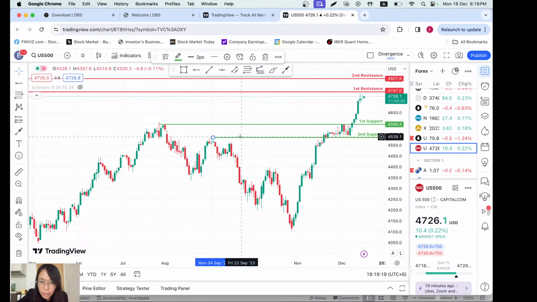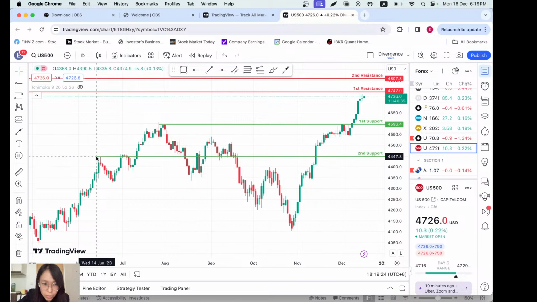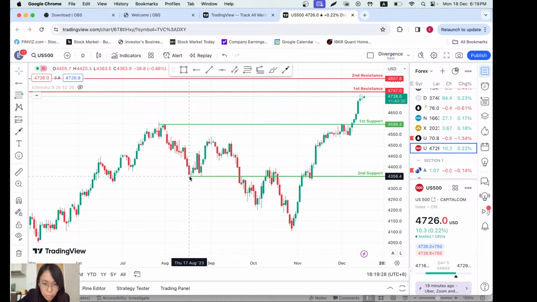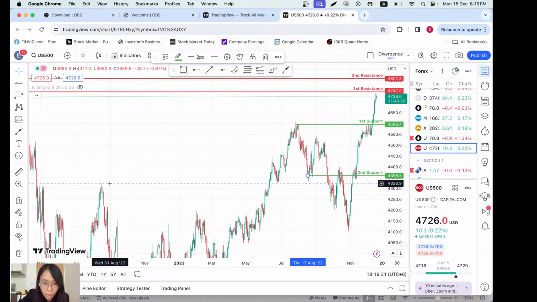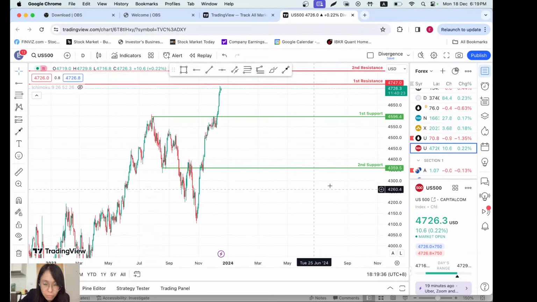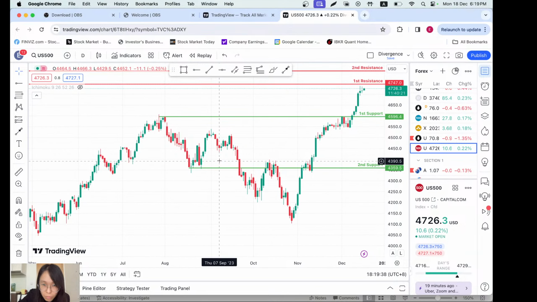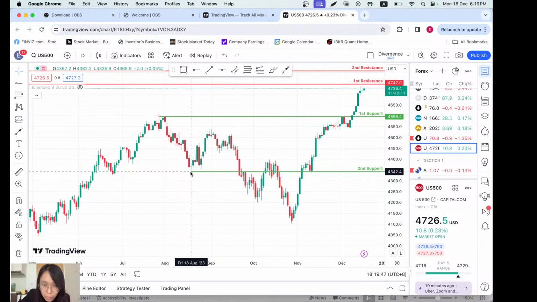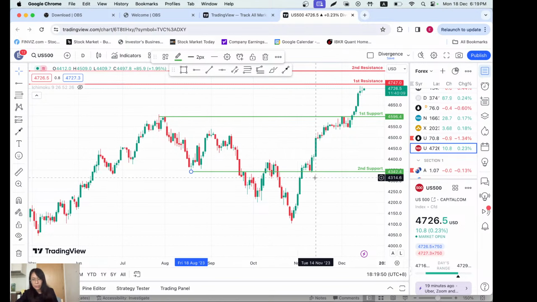I think the second support is too far, so I will not be using this. I have to shift it down slightly further, can be here. I'll be using this for my second support, which is an overlap support.